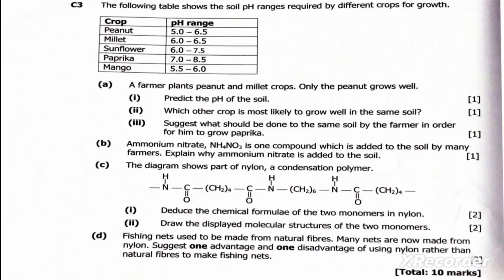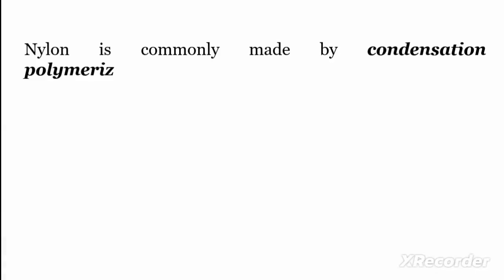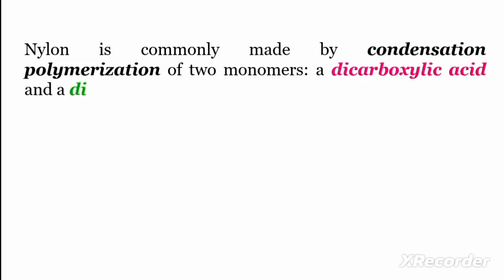The question is carrying 2 marks. So we are going to say nylon is commonly made by condensation polymerization of two monomers, dicarboxylic acid and diamine. These are the two monomers of nylon.